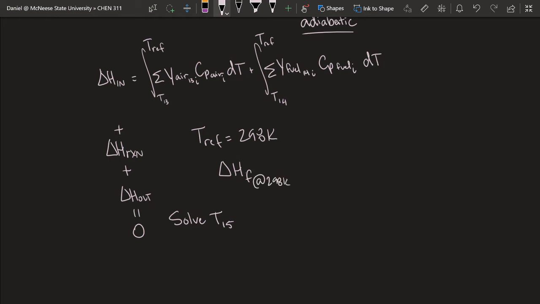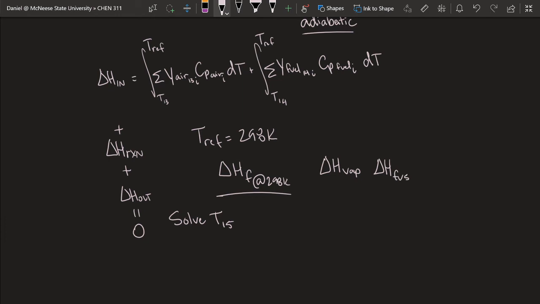Okay, and that doesn't just go for the reaction terms. This is a latent form of heat. This is a reaction. You use this enthalpy whenever you're dealing with reactions. You also have heat of vaporization and heat of fusion.